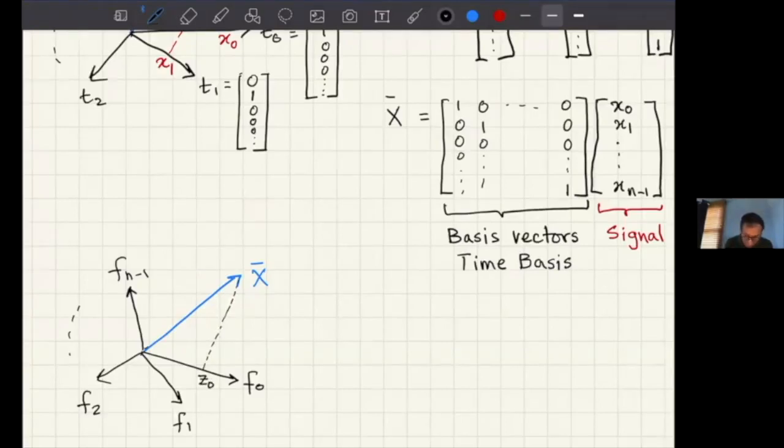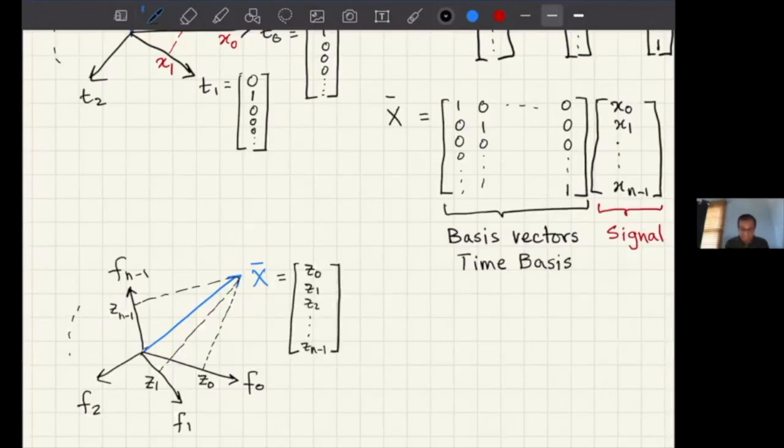Earlier in the time dimension, it was x0. Once we project onto f1, we have the value z1, all the way till fn minus 1, we have value zn minus 1. So now x is a new vector, although it's the same signal, but it's expressed as a new vector where that vector is z0, z1, z2 till zn minus 1.